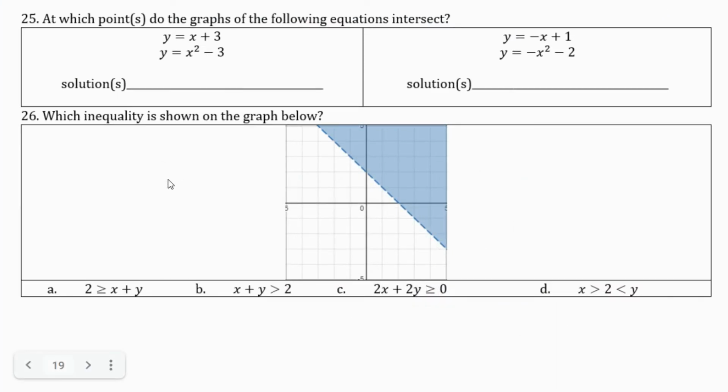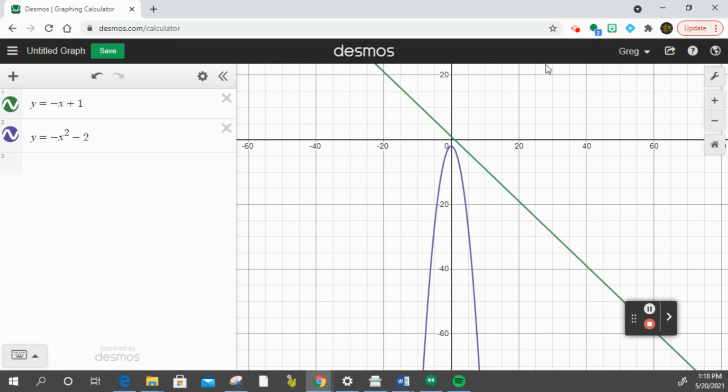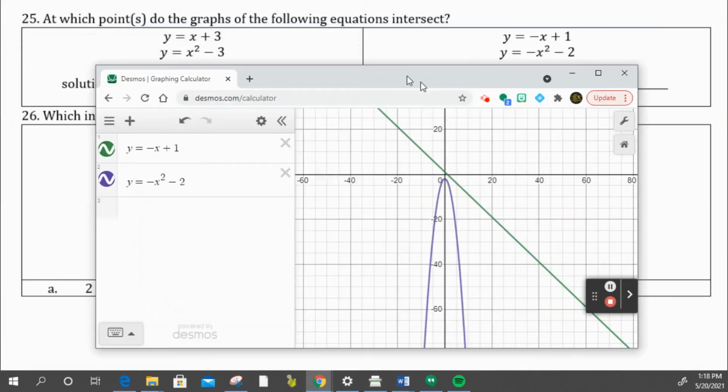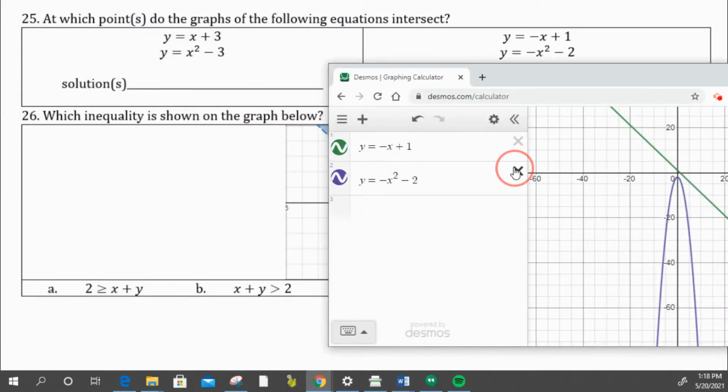Which inequality is shown on the graph below? Well, guess what we're gonna do? We're gonna graph all these on Desmos until this visual pops up. Yes, that easy. So let's do letter A. Let's go ahead and clear these guys.